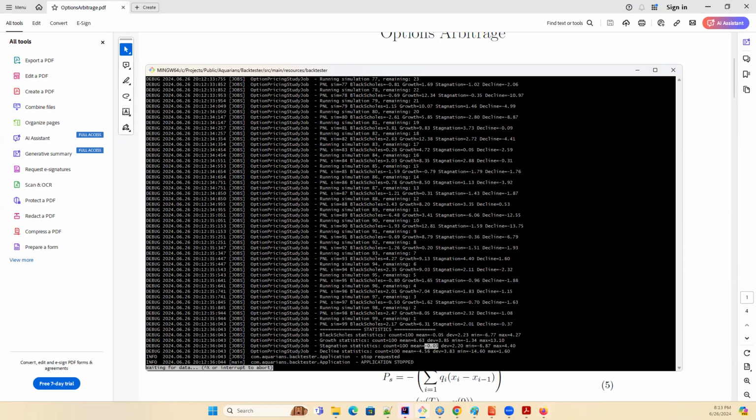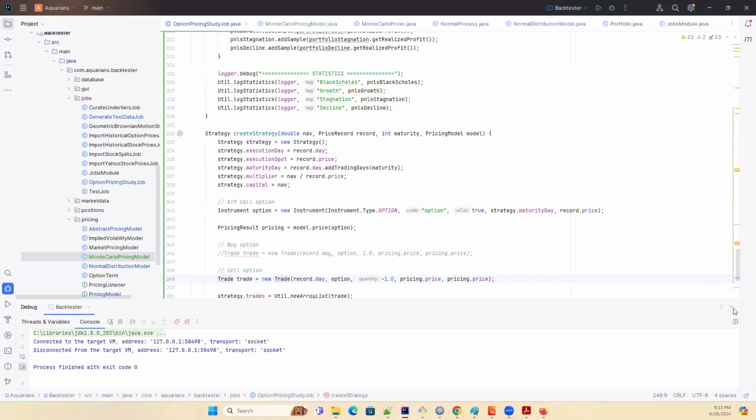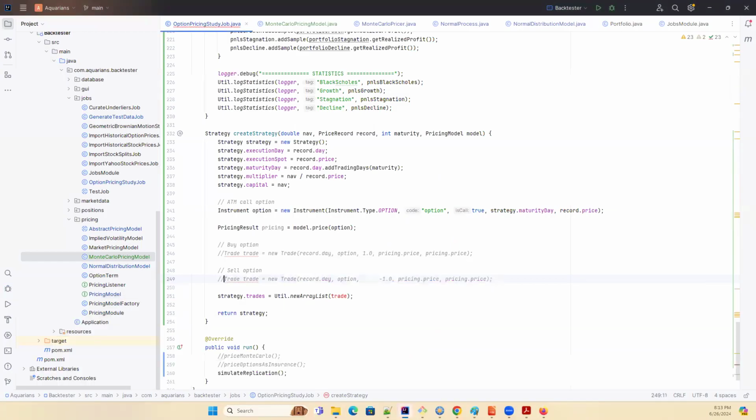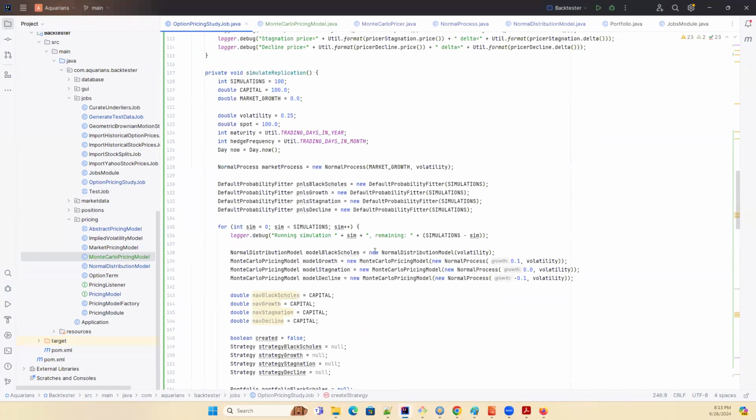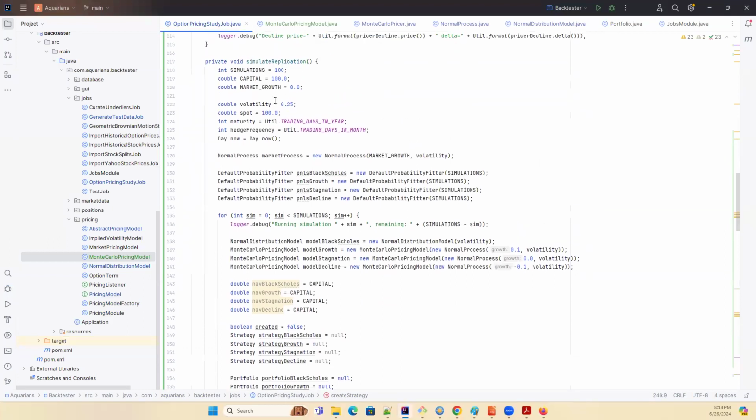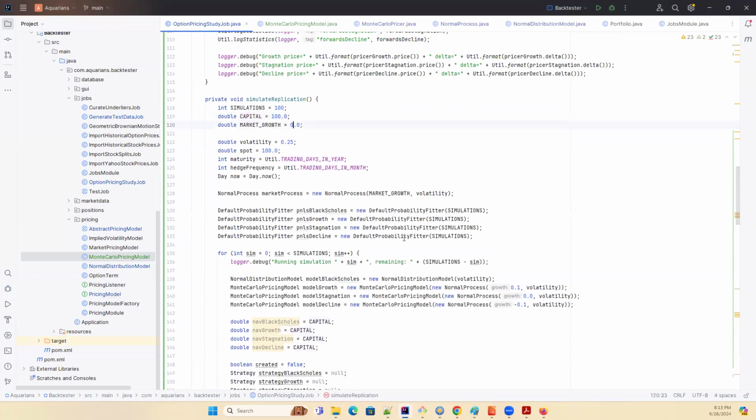Okay, and now let's have another model for the market. So again, buy the option. And let's say the market would have exactly the same growth as this model.